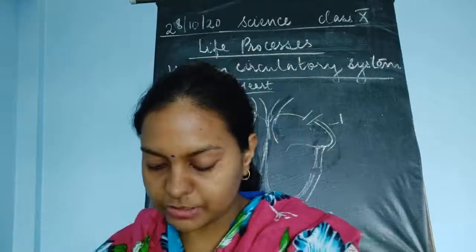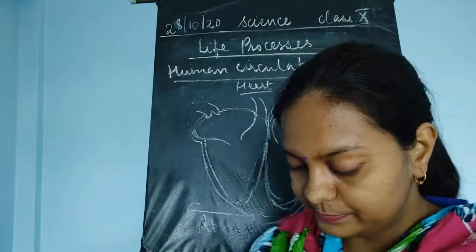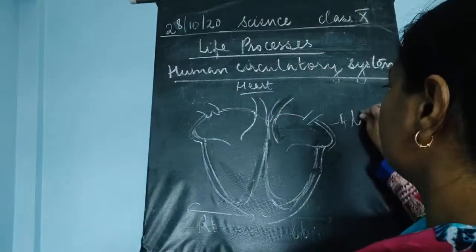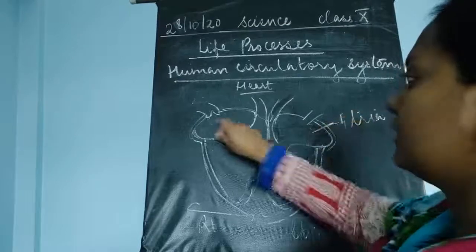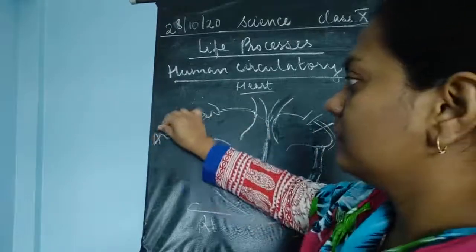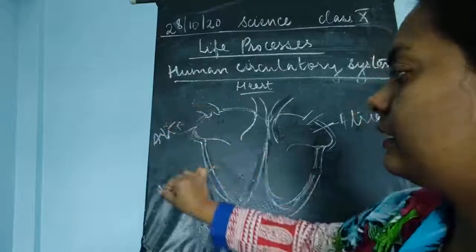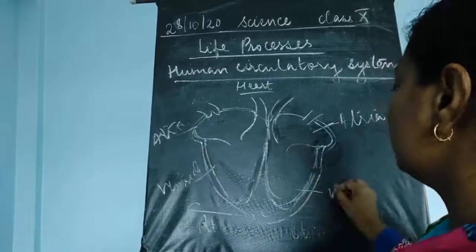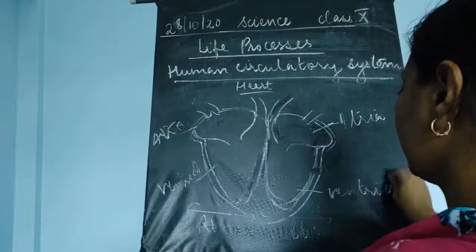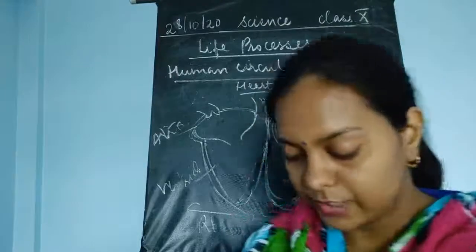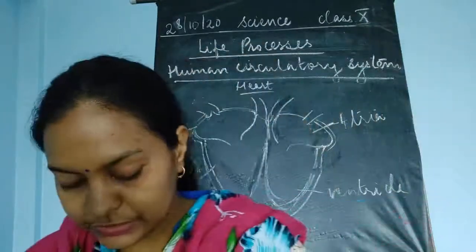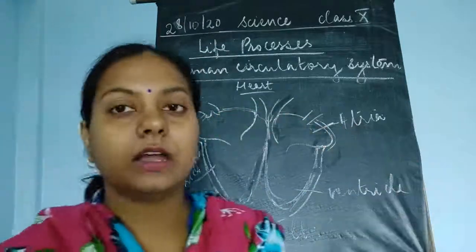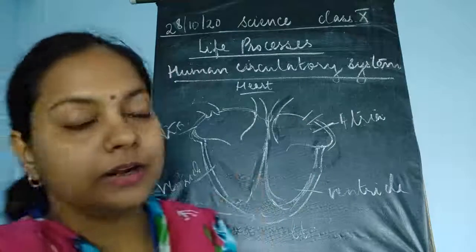The upper 2 chambers are called atria, and the lower 2 chambers are called ventricles. One is known as an atrium, and both of them are known as atria. The lower 2 chambers are known as ventricles.